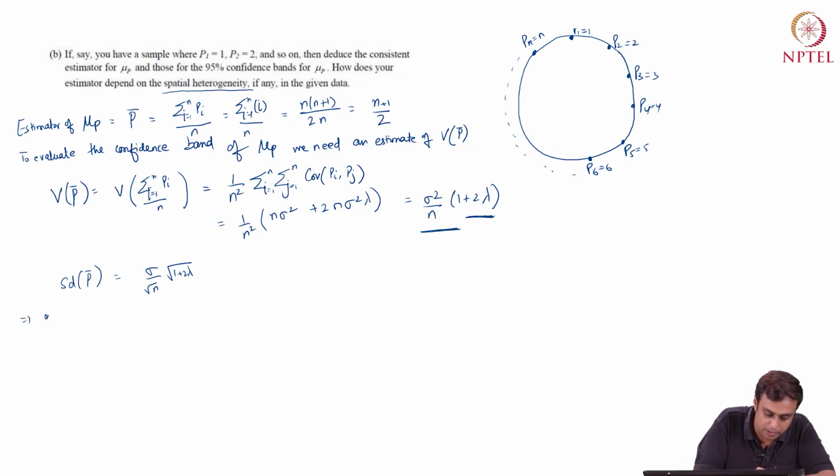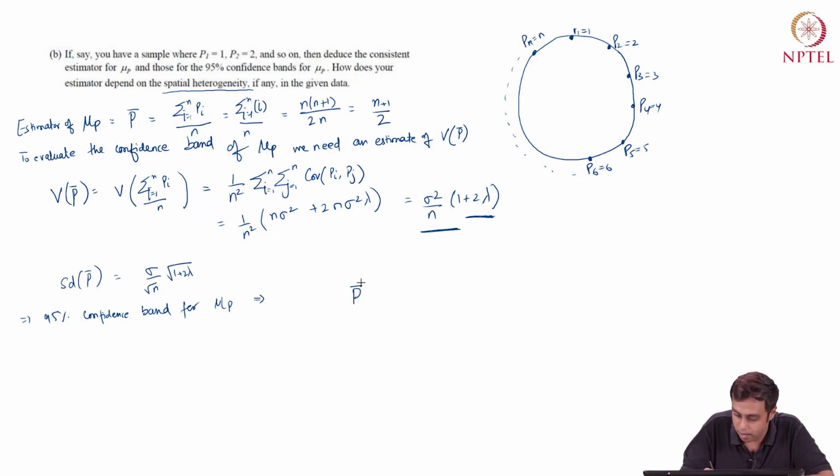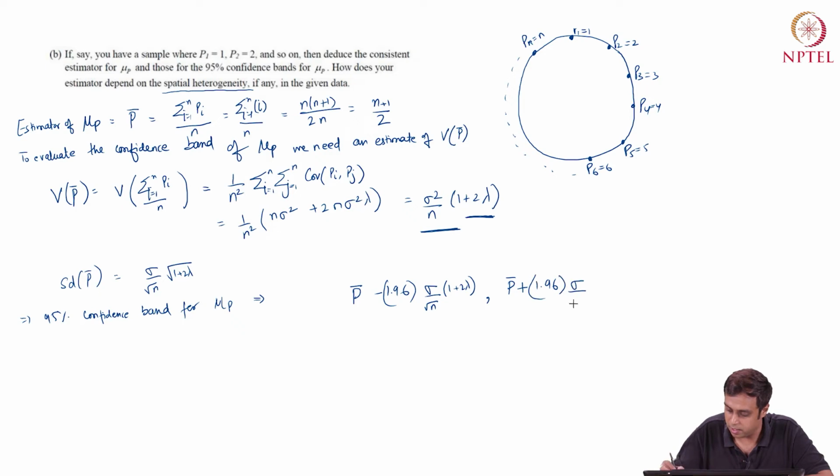And this will imply the 95% confidence band for mu p can be given as p bar minus 1.96 sigma over root n times 1 plus 2 lambda, comma, p bar plus 1.96 times sigma over root n times 1 plus 2 lambda.